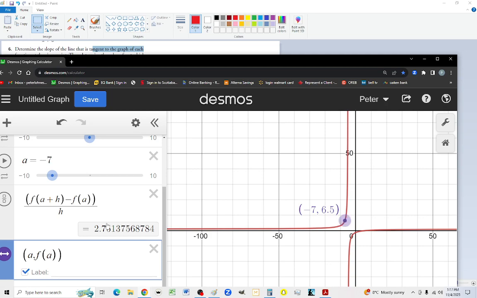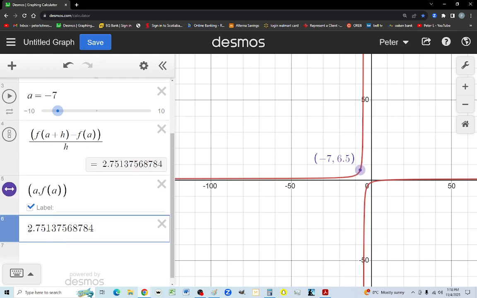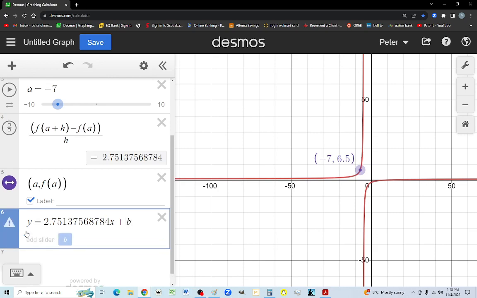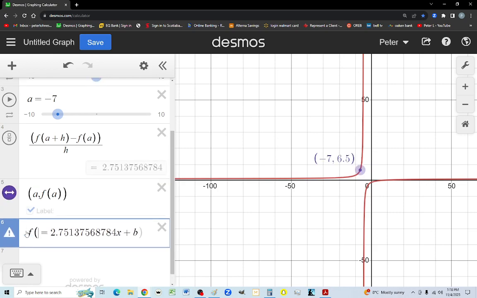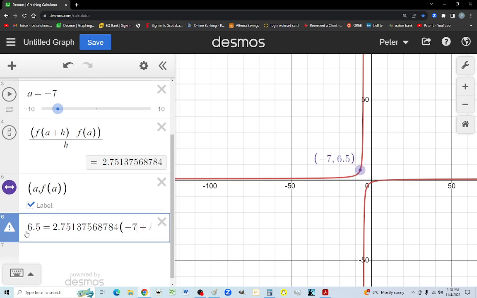So we're talking about that point there. And now you can see we have this slope here. I'm going to just make it full. We have this slope here. So if I was to write that into a formula like that, I have it like this. Well, all I have to do is put in my A values, which apparently was 6.5, and my X values, which apparently is minus 7, and solve.